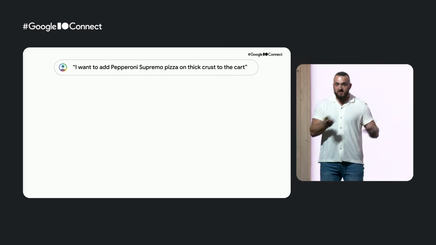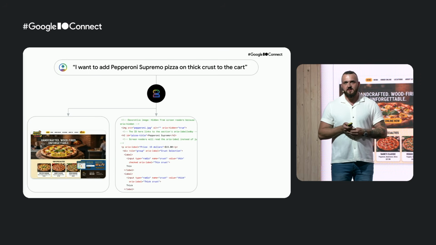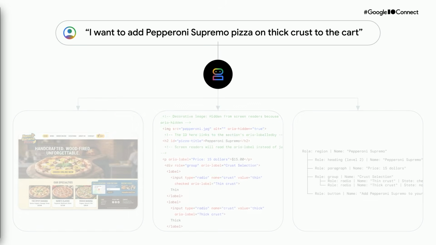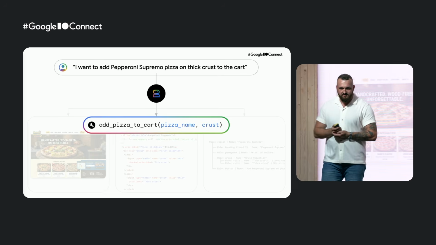It means that when a user wants to add a certain kind of pizza to their cart on your website, in addition to analyzing visuals of your website, reading the DOM, and reading the accessibility tree, the agent can use tools provided by your website. Right? If there is a tool that the agent can call to support user intent, the whole journey becomes simpler because the tool is right here.